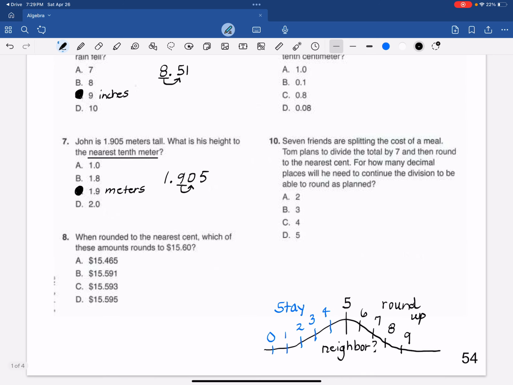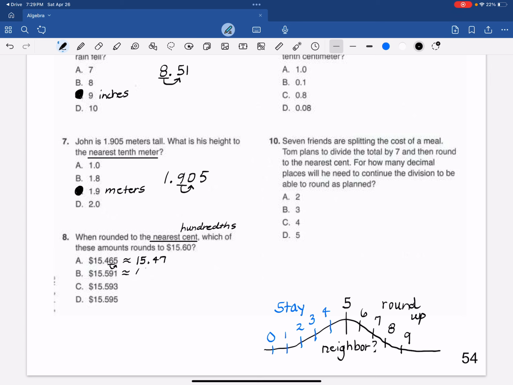When rounded to the nearest cent, cent is another way of saying hundredth, because there are 100 pennies in a dollar. Which of these answer amounts would round to 1560? So let's try this one. This one would be about 1547.